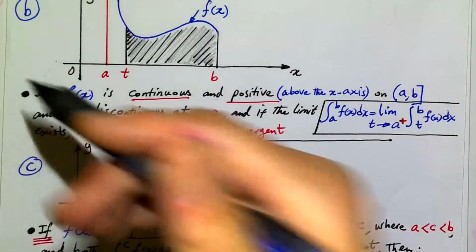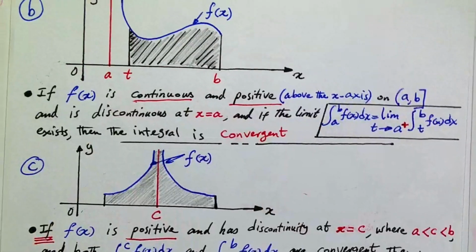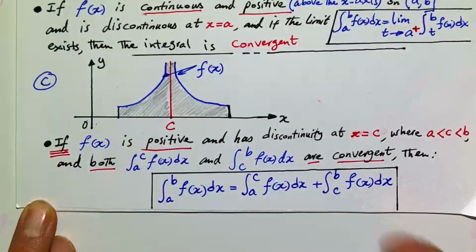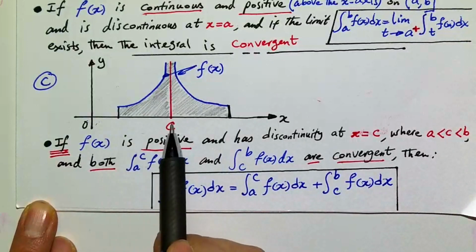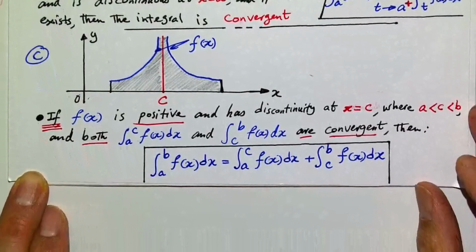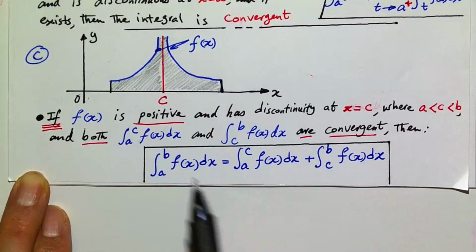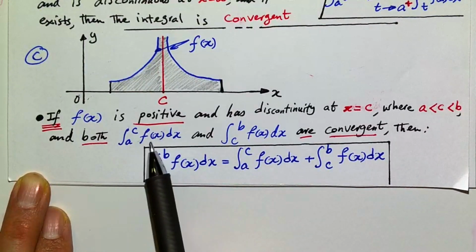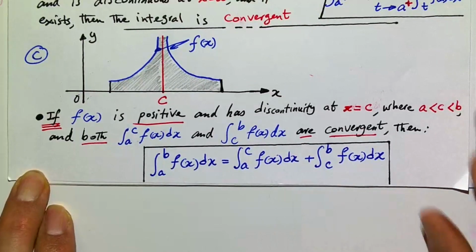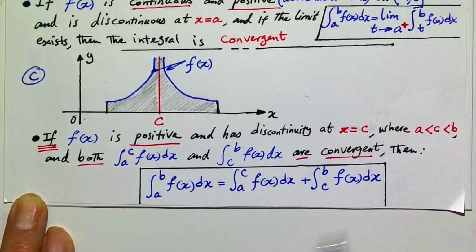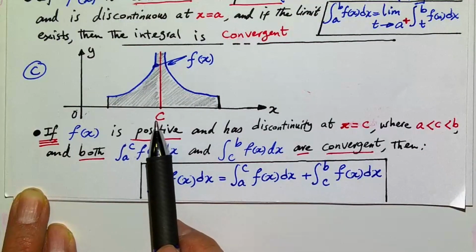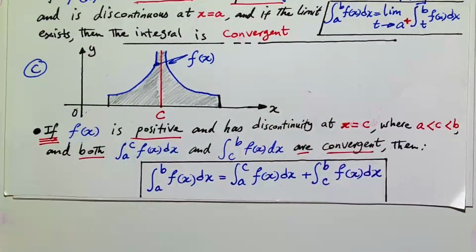So that's the second case. And then the third case is that if we have a discontinuity not on the right, not on the left, but in the middle of that interval. In cases like that, we'll have to break up the original integral into two pieces. So, C, as you can see in this picture, well, I should actually label this.